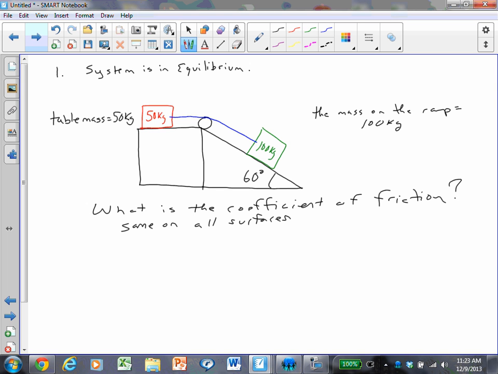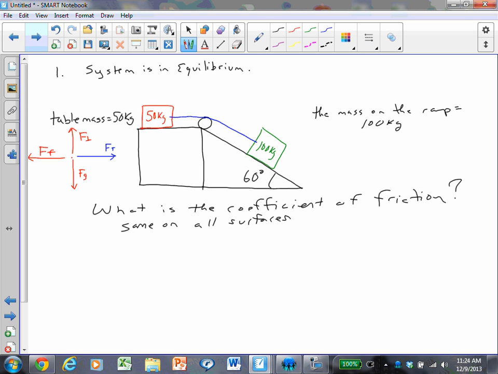So let's start with the 50 kilogram one. What forces do we have acting on it? We have Fg down. What's another one? F perpendicular up. What's another one? Tension. Keep that blue. What's another one? Friction. Okay, good.